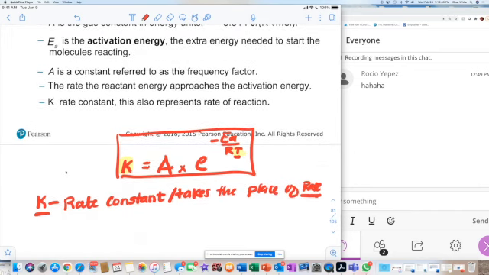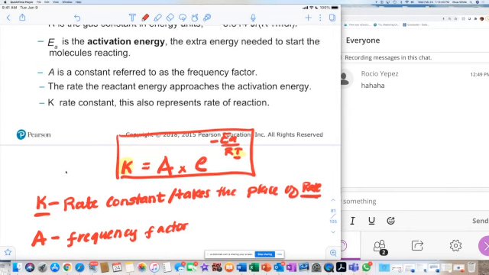And then I guess I'll go in order. A is the frequency factor. The frequency factor, I would say, relates to the number of collisions. So for the most part, when we're working on this in lab, we don't even try to solve for this because we don't have a mechanism or a way to measure the number of collisions of the molecules, right?